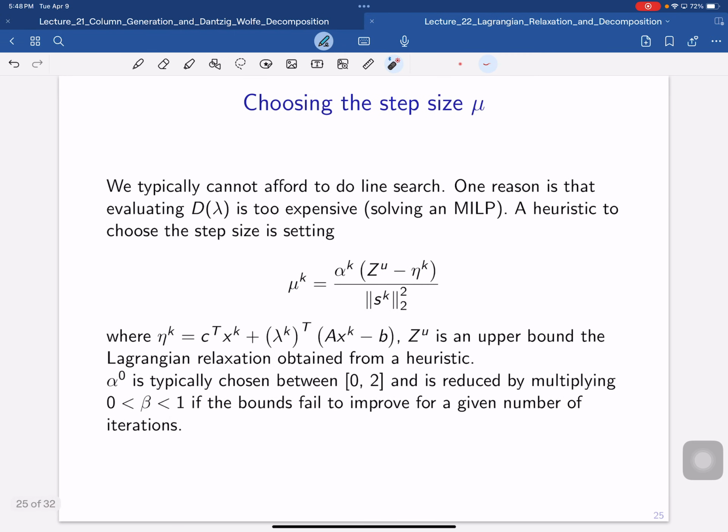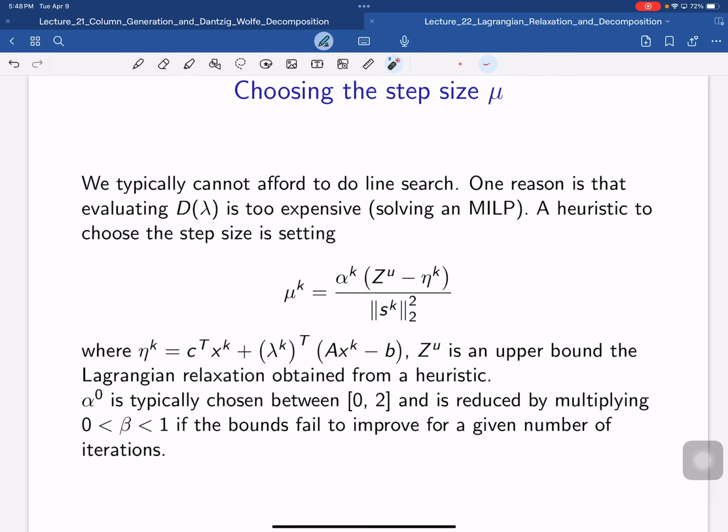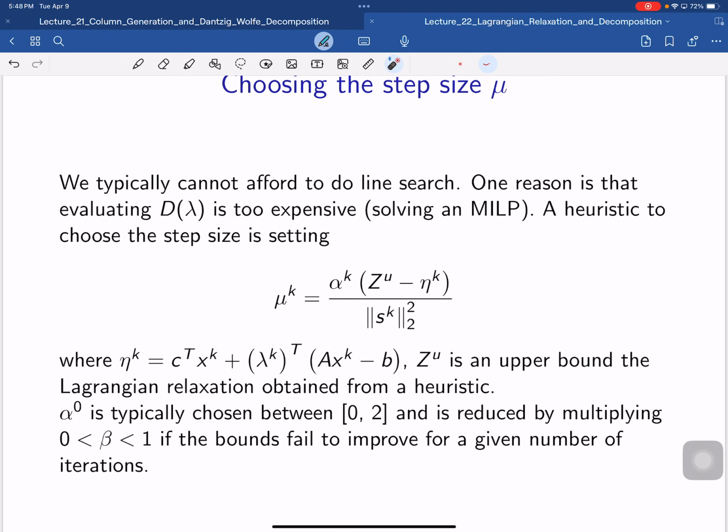So people have come up with some heuristics for choosing the step size. I'm not going into the details, but you can read more about it. Here, essentially, you choose the step size mu k in this a little bit nasty form.